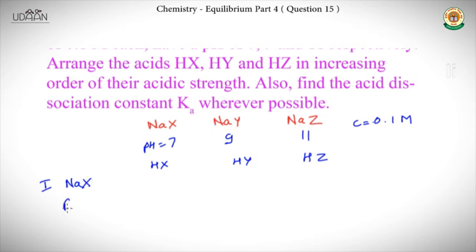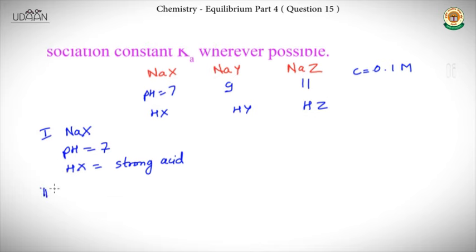So for NaX, the pH is given as 7. The salt is neutral, and we know that the salts of strong acids and strong bases are neutral in nature. So we can conclude that HX is a strong acid. Now we come to the second salt, which is NaY. The pH is given as 9.